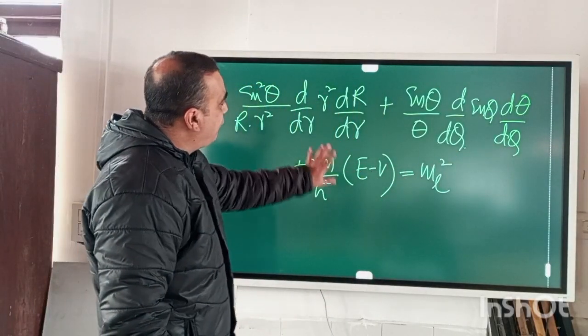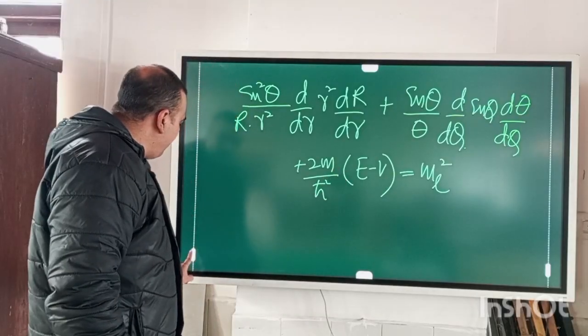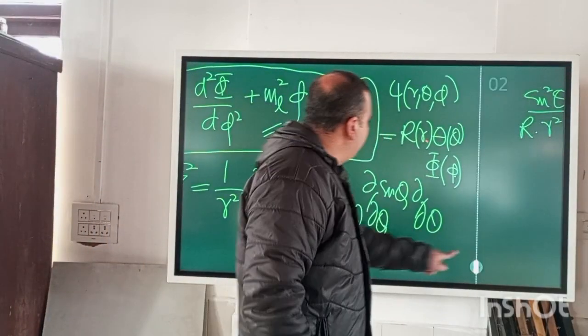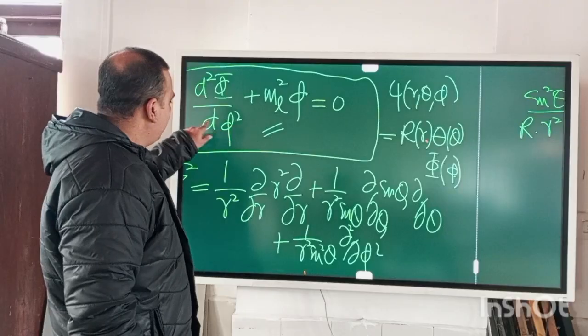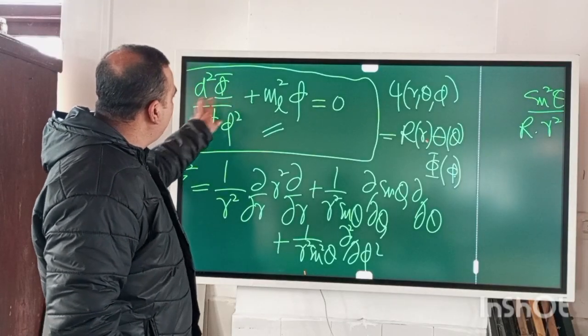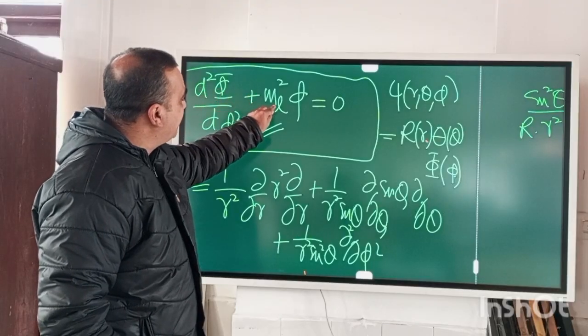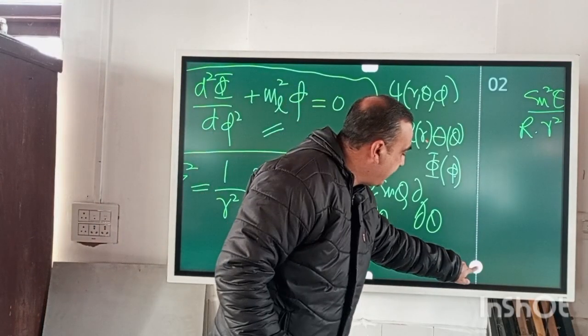This thing was the left hand side of yesterday's equation, and the right hand side I have already shown you. From the right hand side we got the phi equation because the right hand side was equalized to ml square.